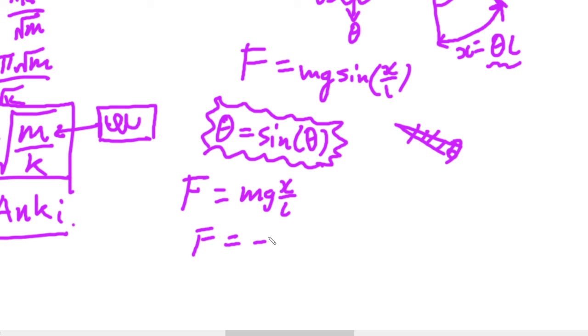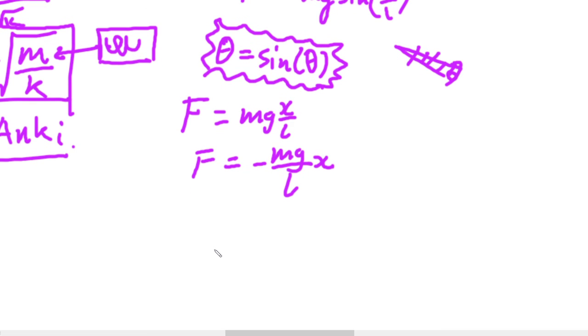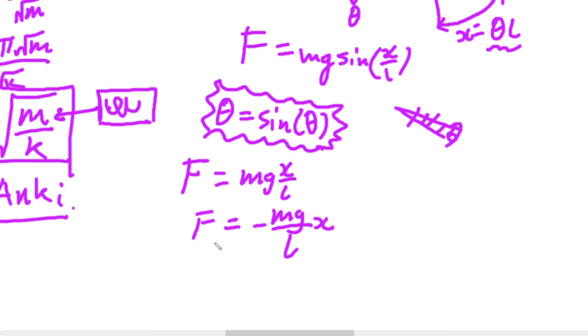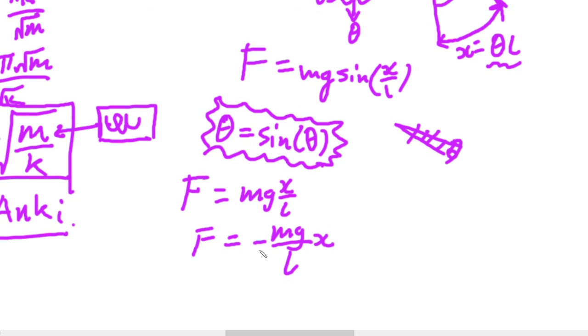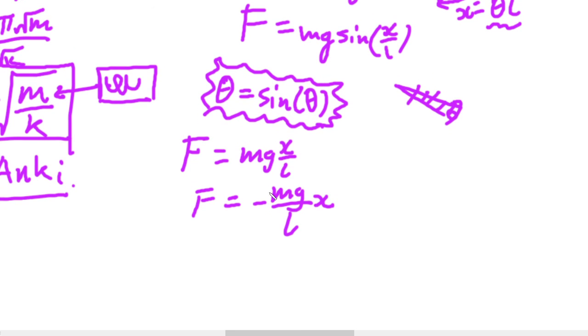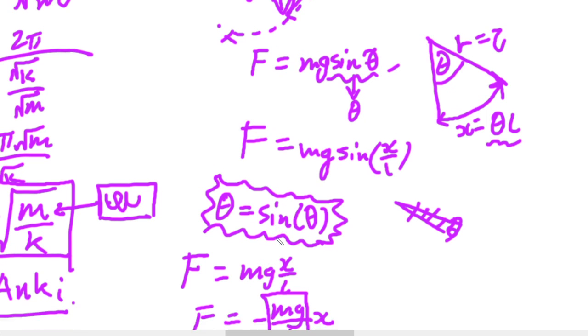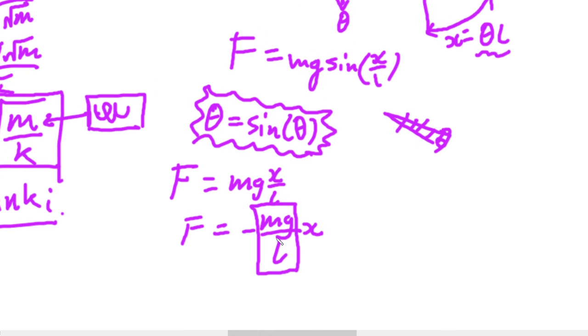F becomes mg x over L, or the restoring coefficient is mg over L. F is minus mg over L x. And so, if we get F is equal to minus mg over L x, then that means mg over L is basically our spring constant for a pendulum, even though it is approximated.